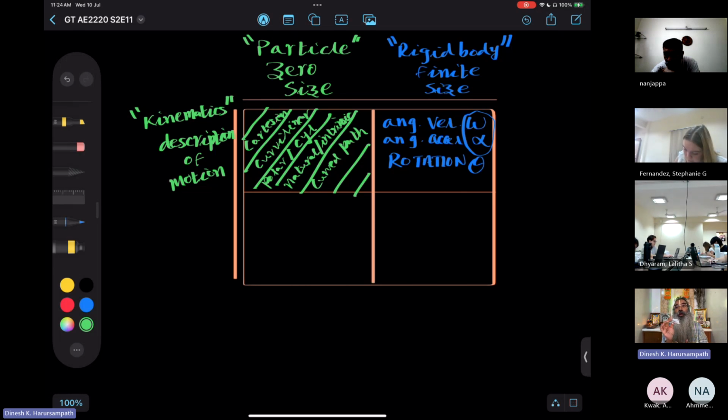Therefore, we never talk of the translation of the aircraft as a whole. We talk of the translation of a point in the aircraft, and we typically talk of the translation of the center of mass of the aircraft, which we will introduce as a concept today, after finishing a few more aspects that we will cover today.